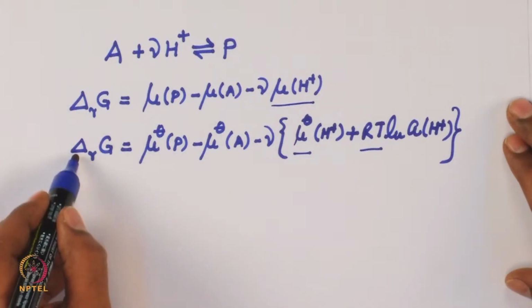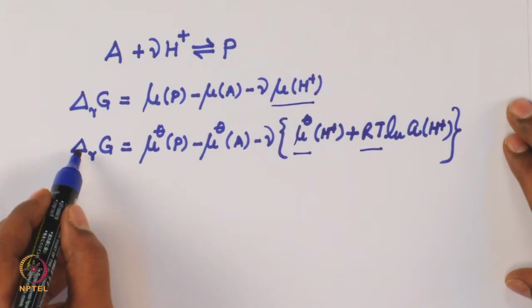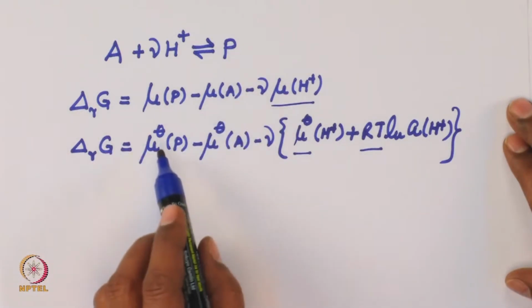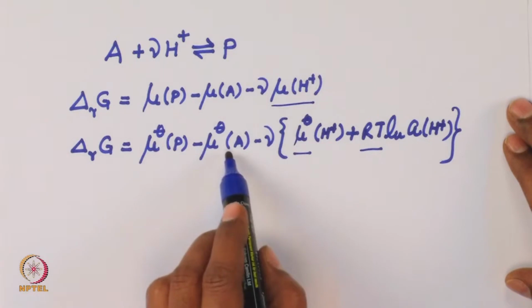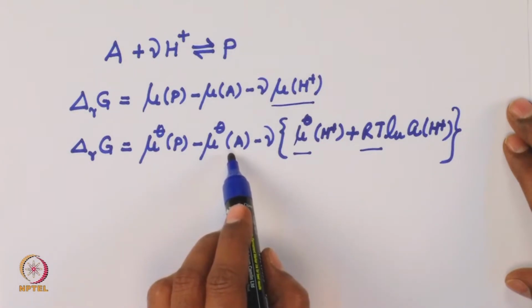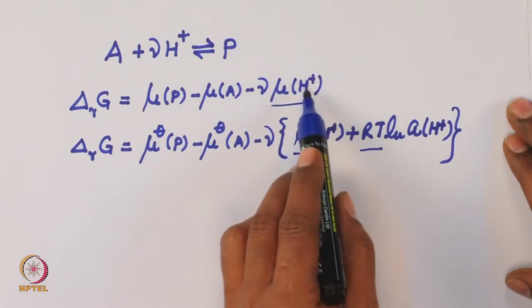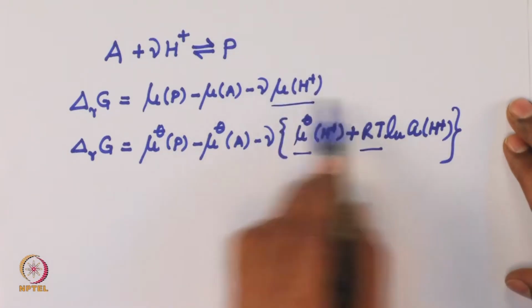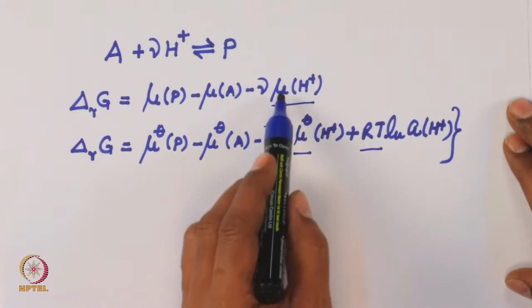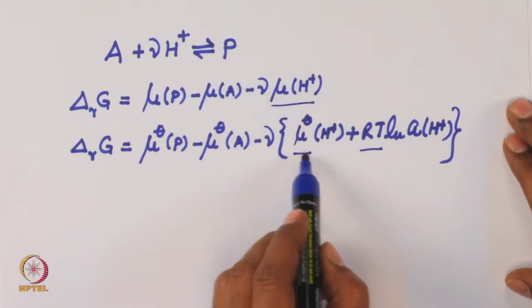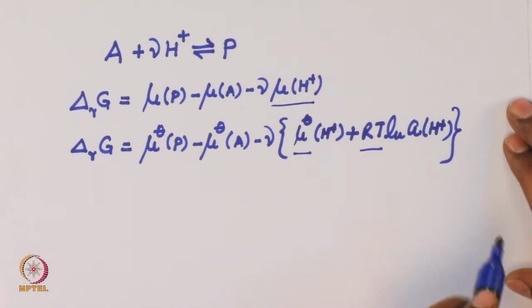From this step to this step, what I have said is, let A and P be in their standard state. So, I will write their chemical potentials as their standard state chemical potentials. And I am not saying that let H plus be in the standard state, let it be general under any condition. So, instead of mu, I write mu naught plus RT log activity of H plus.